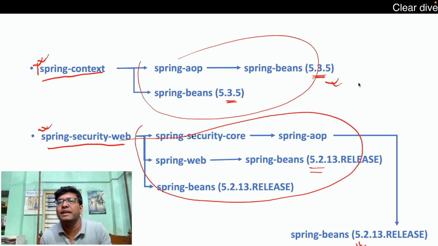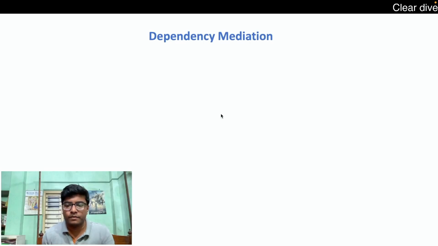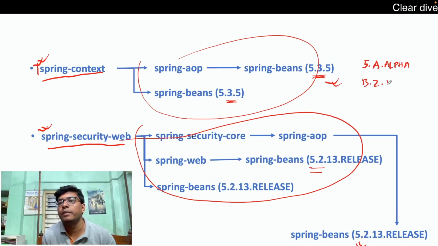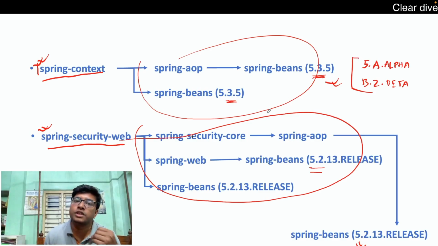It could be something like 5.a.alpha, or for another one b.2.beta. In what context would Maven sort it out? Sorting is not possible. Maven will not use a sorting algorithm to decide which version to go with.